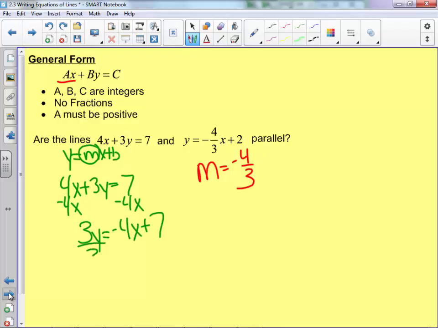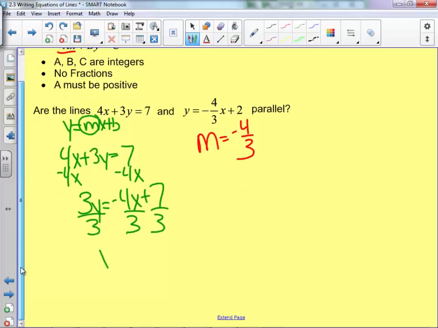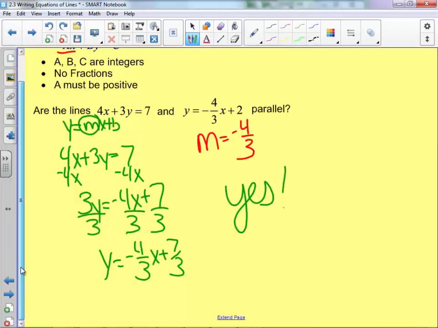And then we've got to divide everything by 3. And those are the same. So yes, they are parallel.